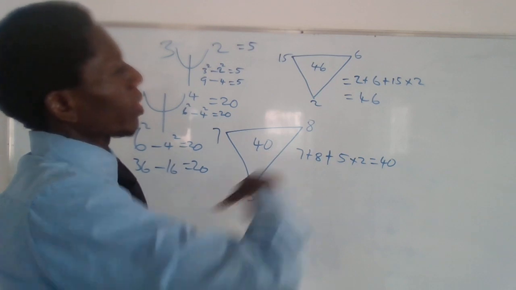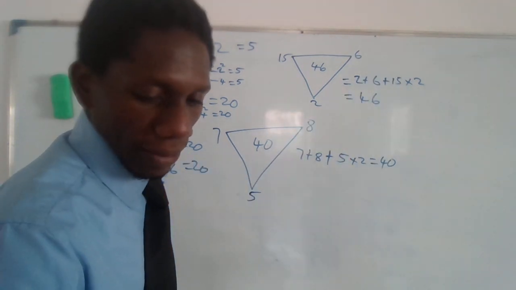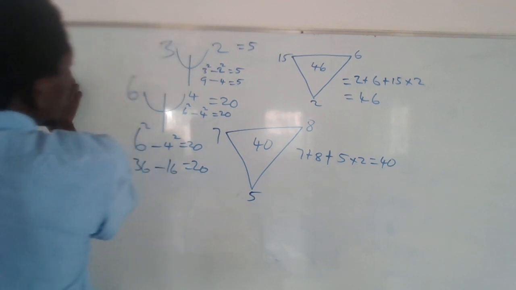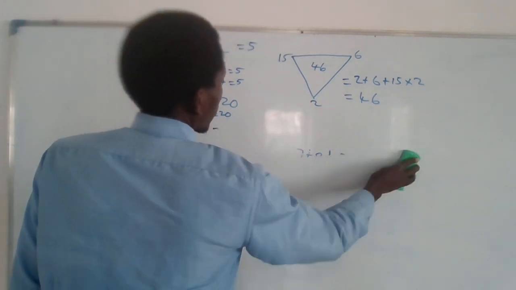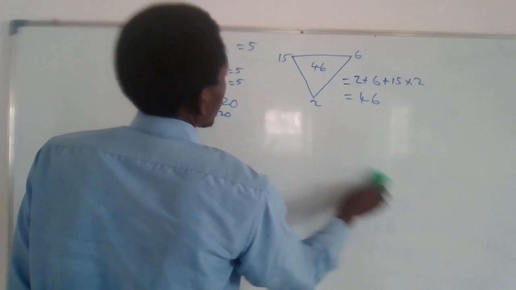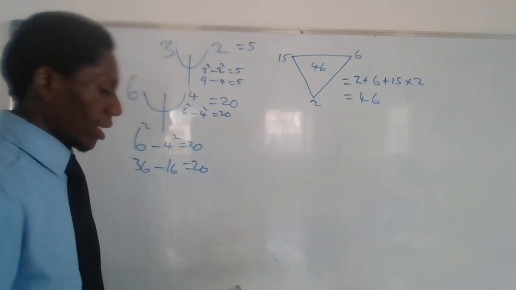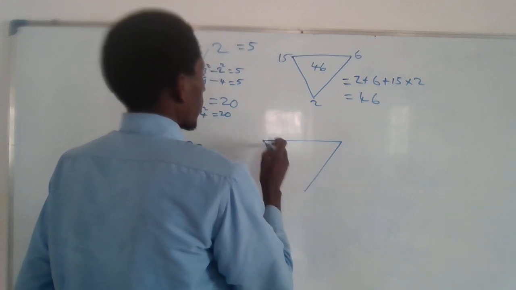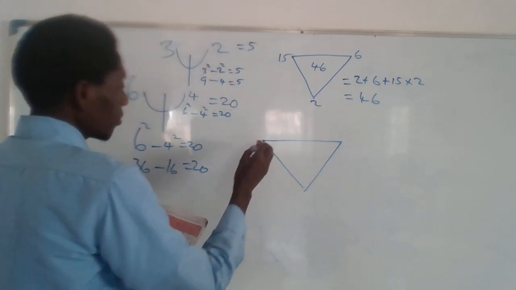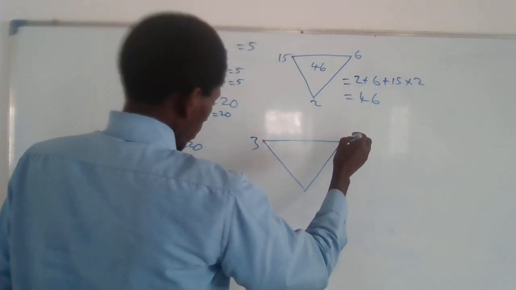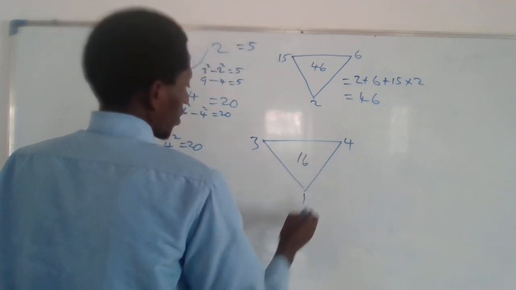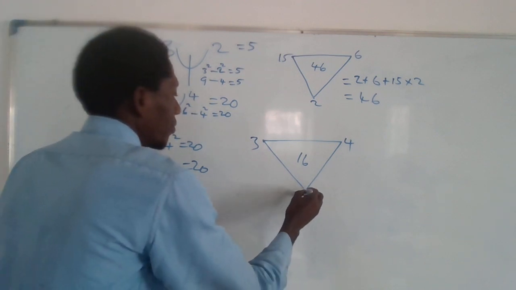It is a method that works for all the problems that I have in there. So it's really a reasoning problem. There's also another one with the same diagram that has 3, 4, and then there's a 16 in the middle with a 1 down.